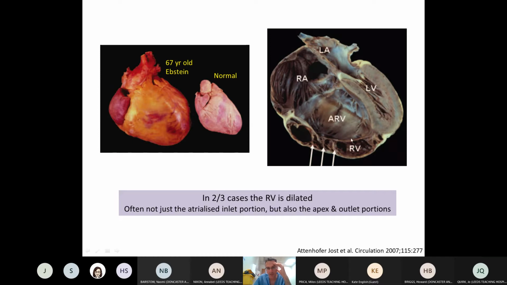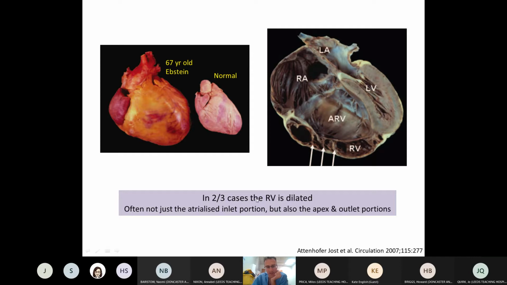But in fact, here's the tricuspid valve. So this is the right ventricle, and you can see this sort of failure of delamination and tethering here. And then this is the atrialized right ventricle. So this is right ventricular myocardium, but effectively functionally is part of the atrium.